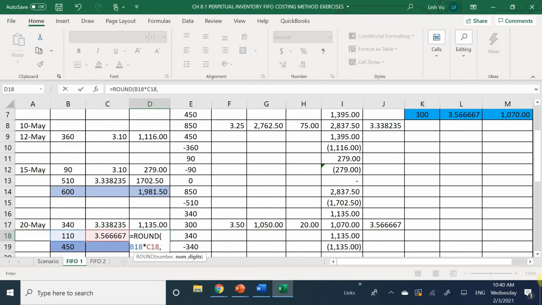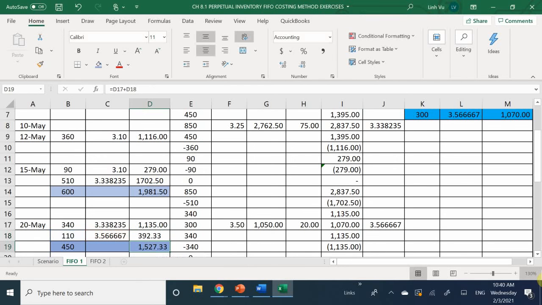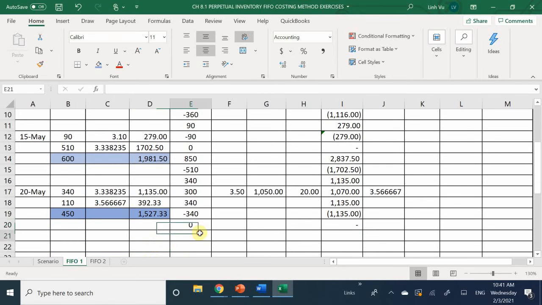Comma 2, and I should get a total of 392.33. So my total for my 450 items is going to be 1527.33.